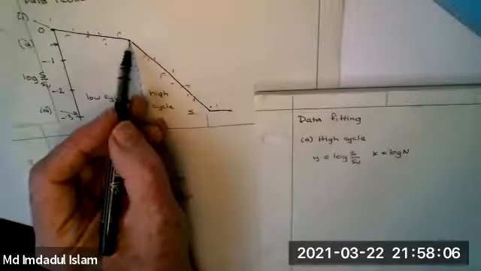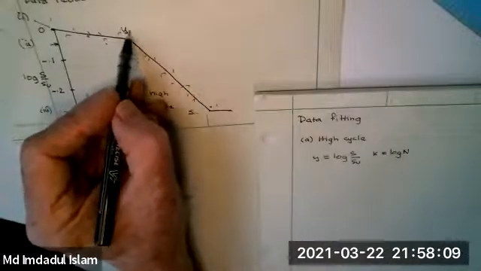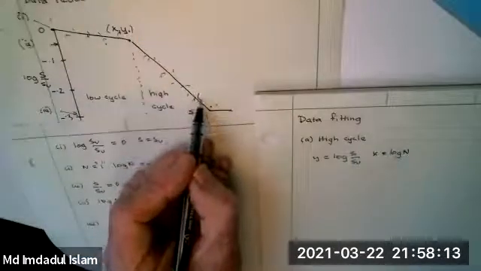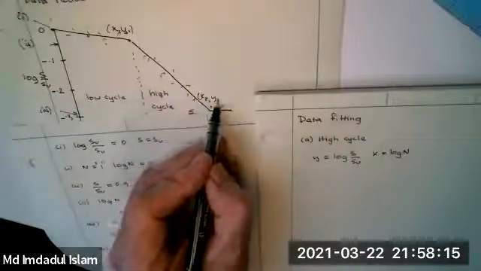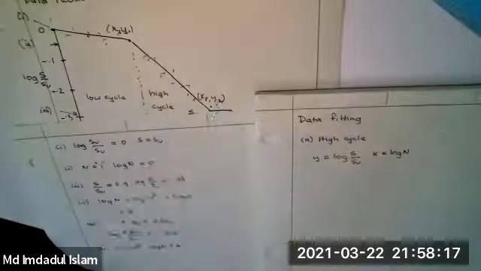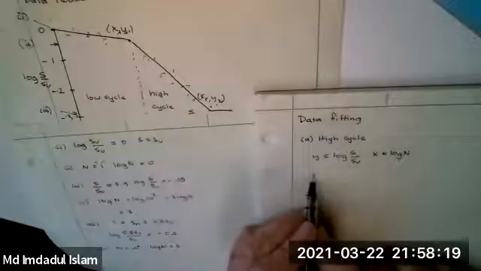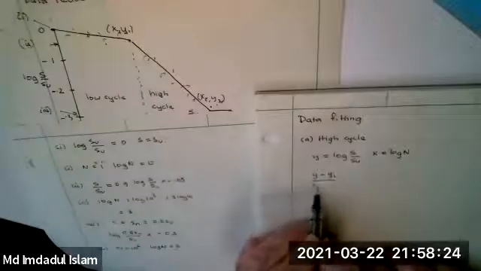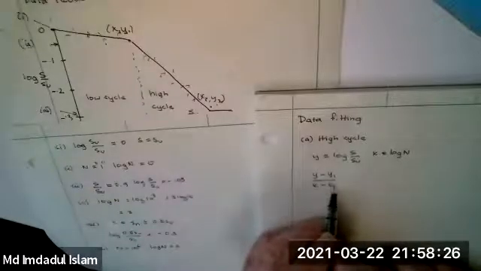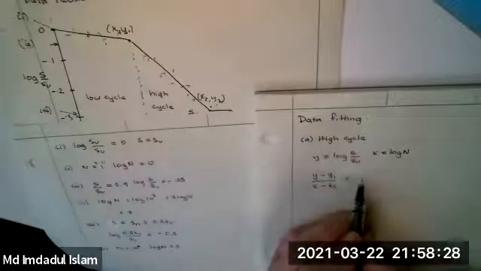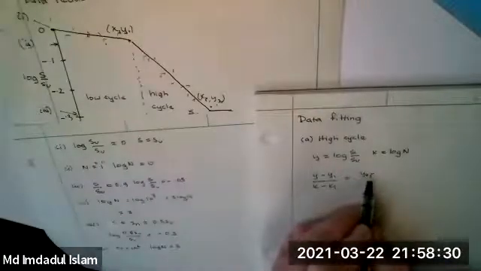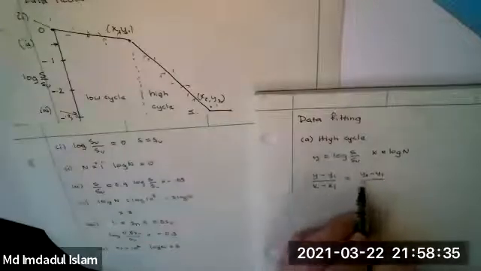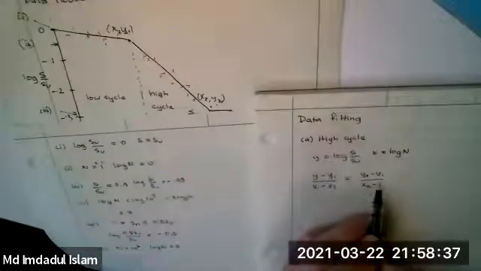I could call this x1, y1, and this one here, x2, y2. An equation of a straight line from that looks like this: y minus y1 over x minus x1 equals y2 minus y1 over x2 minus x1.